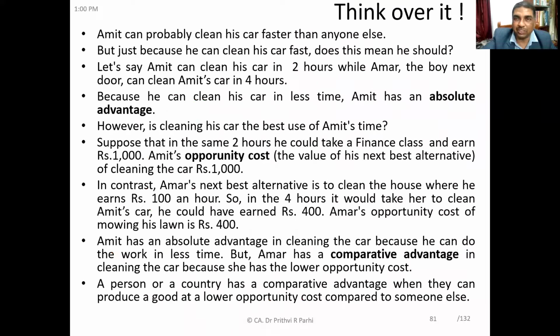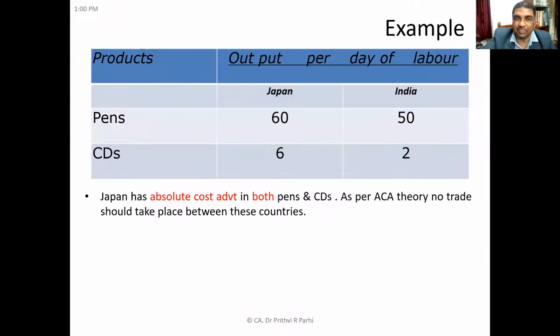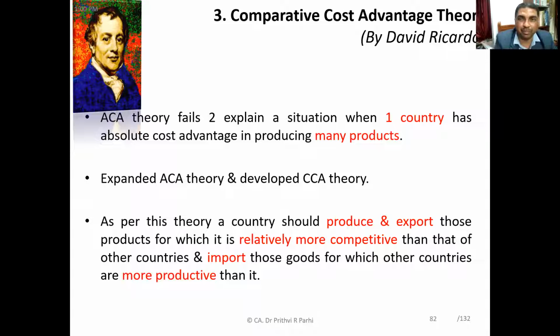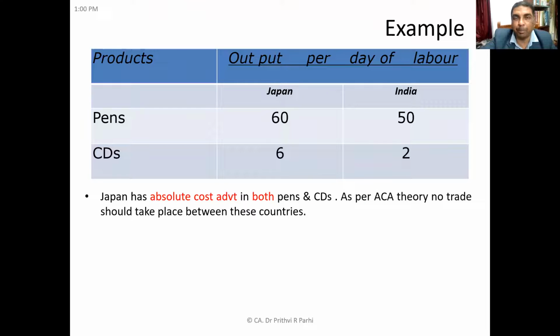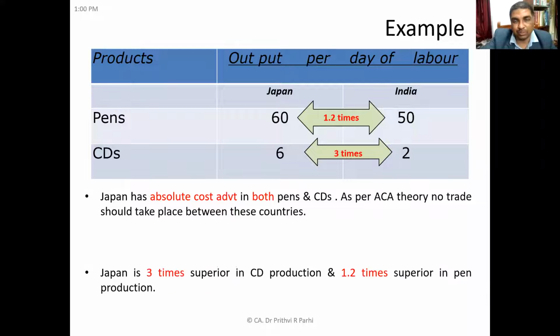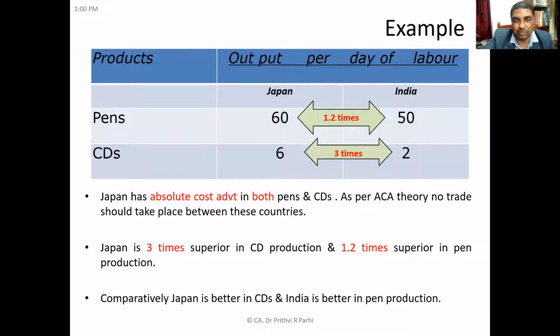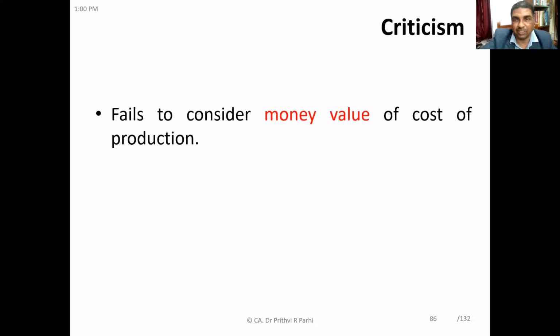But this theory received some criticism, and these criticisms are addressed by the comparative cost advantage theory. Here the suggestion is that even if there is no absolute cost advantage with respect to any product, you evaluate comparatively. You find out if there are any comparative advantages in the production of various goods and services, and accordingly, you focus on producing those goods and services which are comparatively cost advantageous to you. That is the comparative cost advantage theory.